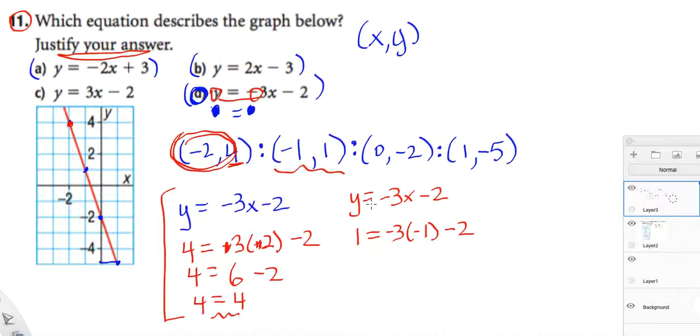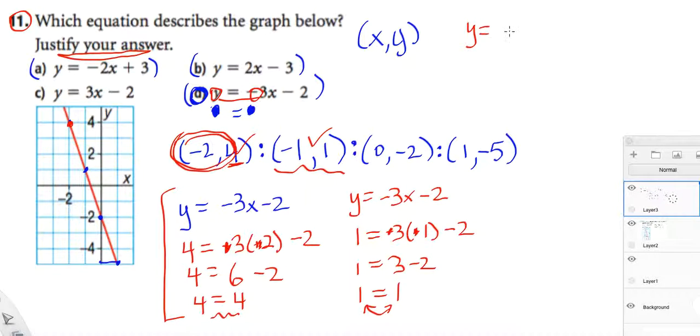Remember, two negatives multiplied together gives you a positive number. So 3 times 1 gives you 3 minus 2. So 3 minus 2 equals 1. Again, we have numbers that equal on both sides. So this one checks out, this one checks out. We're looking pretty good here.